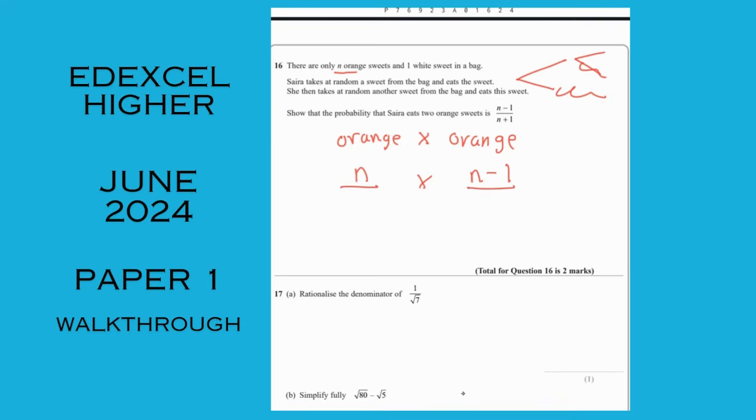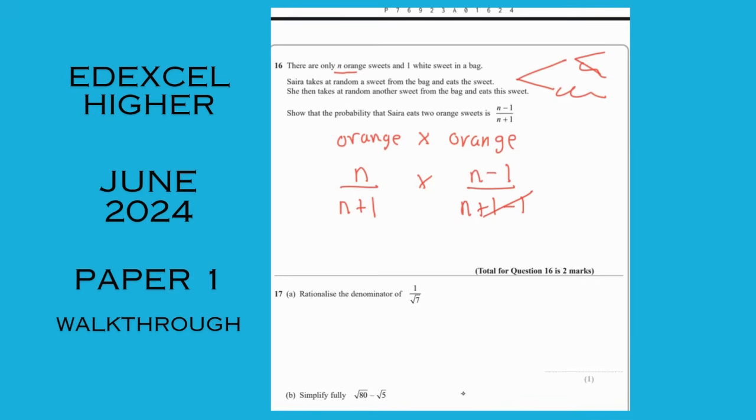out of all probabilities, or the probability of all outcomes on the first branch will be n plus 1. But then there's one fewer sweet in the bag, so we take away 1 from that, like so.